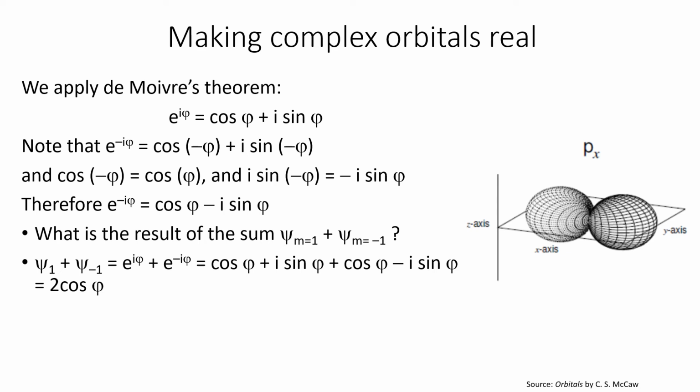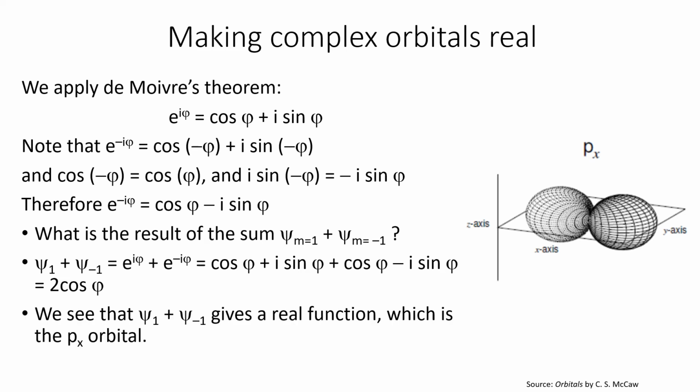And what's interesting about that is, of course, that the imaginary i has disappeared. So just adding those 2 complex functions together has kind of magically given us a real function, something we can plot on an XY graph. And so, hey presto, we add up the wave functions in this way, the real function drops out, and that real function is our px orbital. So actually this is how we define our px orbital. It is the sum of those 2 complex wave functions.